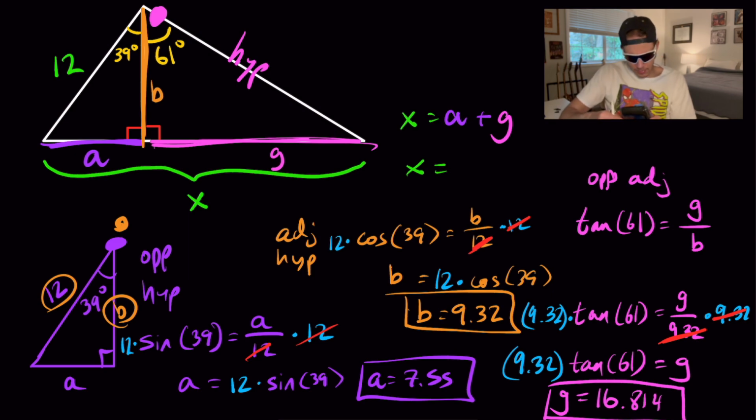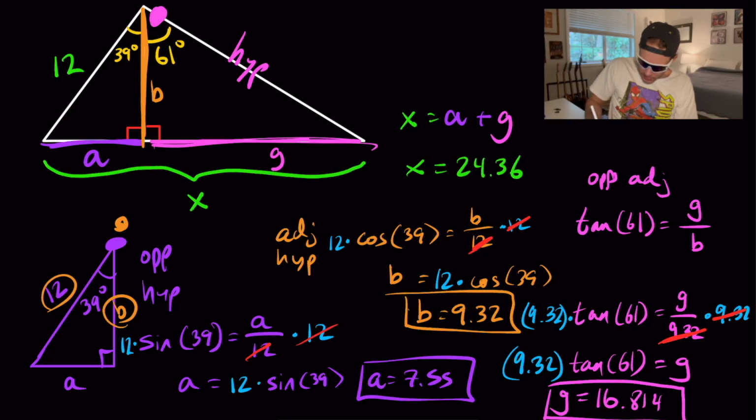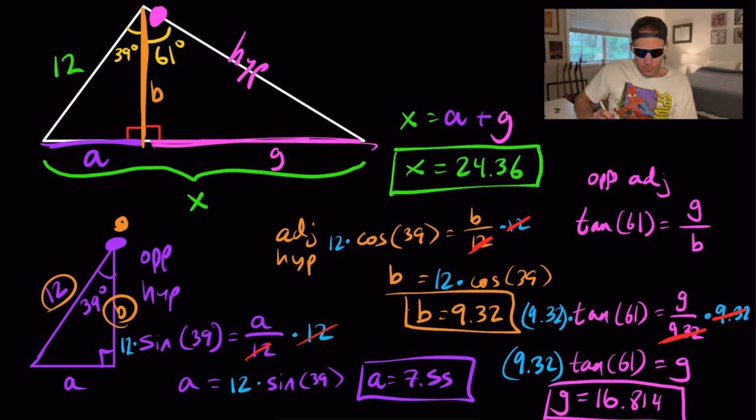That's going to be the 16.814 plus 7.55. So x is going to equal 24.36. So we had to go through a few steps to get the answer, but it gave us a lot of good practice using SOH CAH TOA and breaking a big problem into a lot more smaller and more manageable pieces.